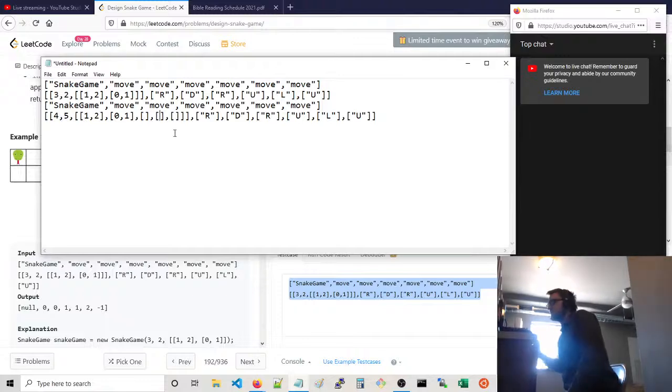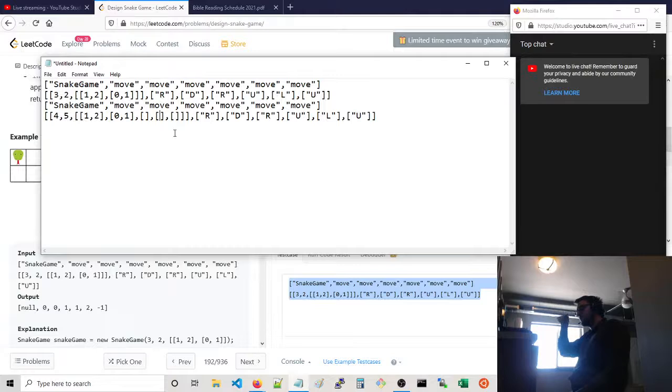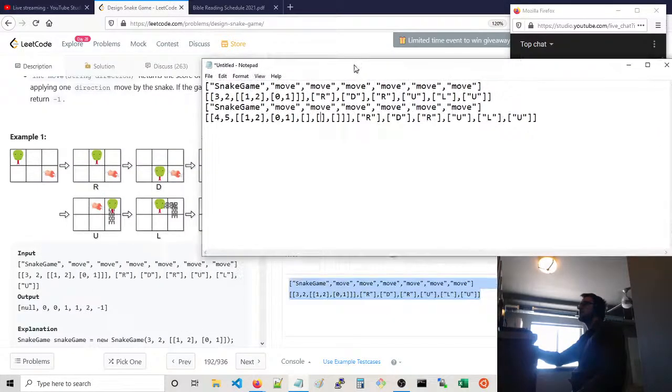The things you really want to test are the 4 different boundaries, picking up the food and then circling back on itself, and then picking up the food and then running off a boundary. Those are kind of the things you want to test. So we'll do a 4 by 5, and we'll do each boundary, and the food. We'll just throw food all over the place. Random spots should be fine.